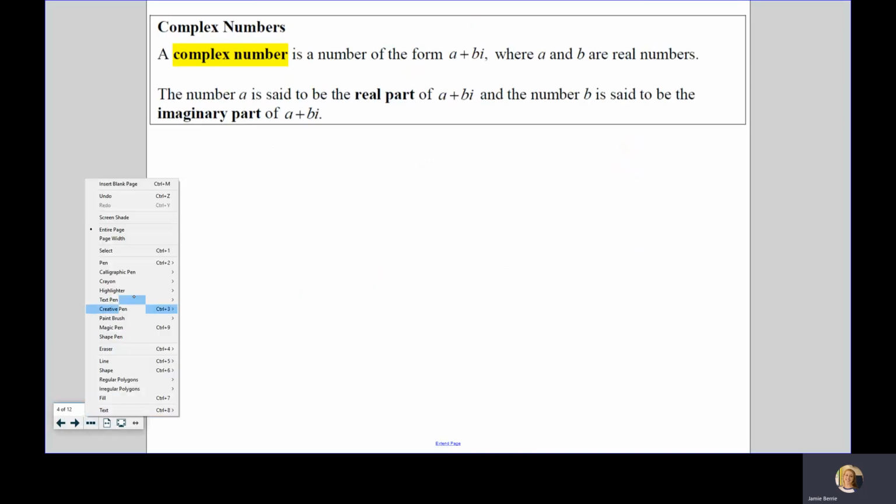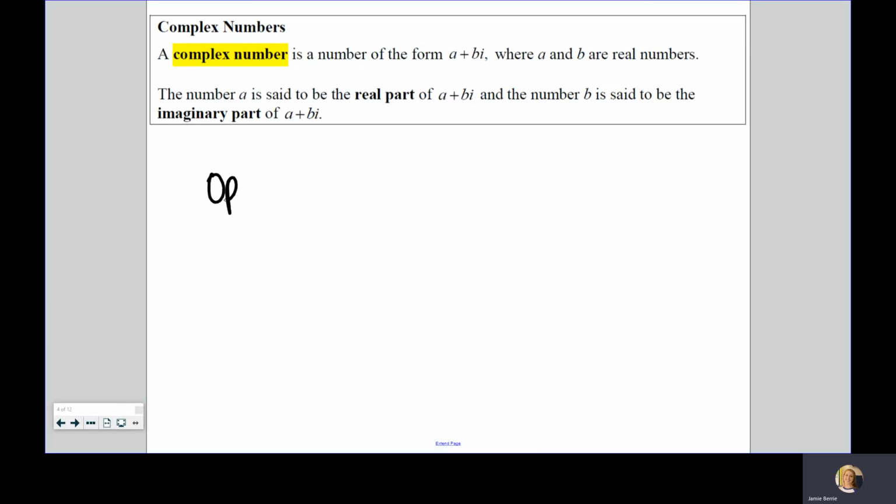Let me just write on this page, operations with complex numbers.